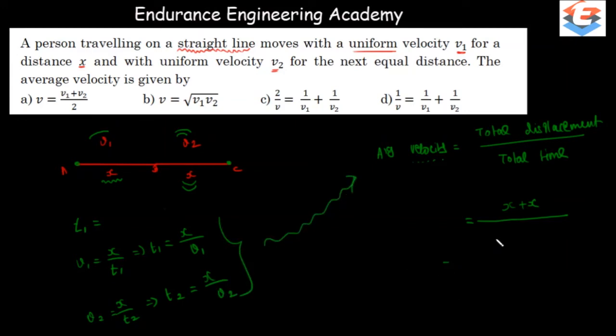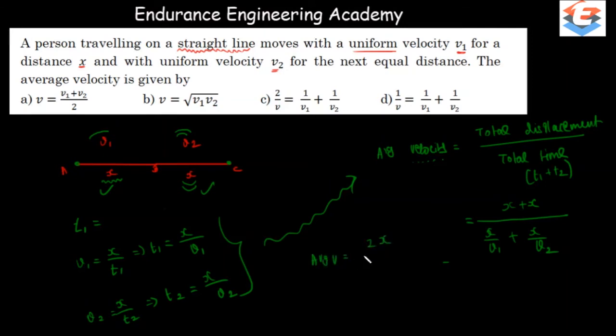Now substitute this here. So average velocity will be 2x over total time. Total time is t1 plus t2, the time taken to cover this distance and also the time taken to cover this distance, which is x by v1 plus x by v2. I can take x commonly in the denominator.